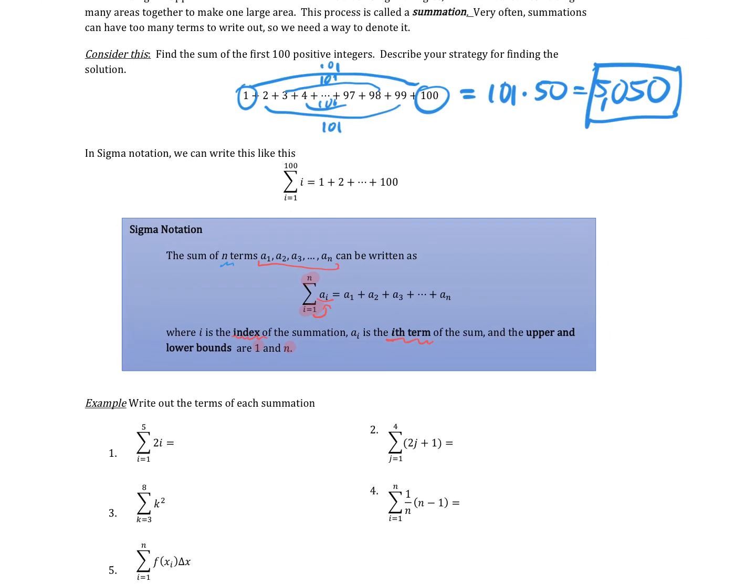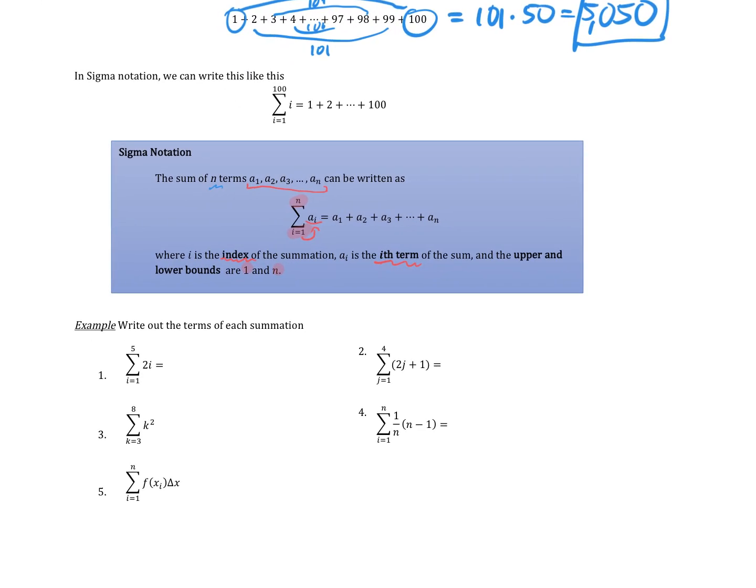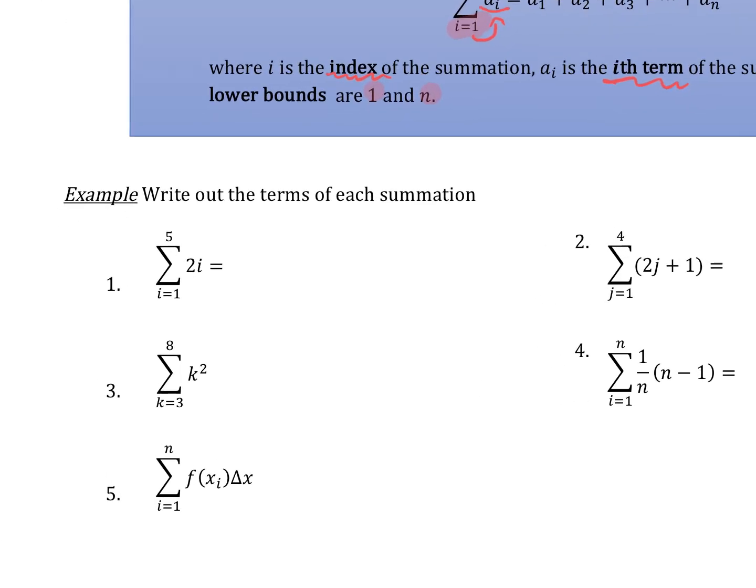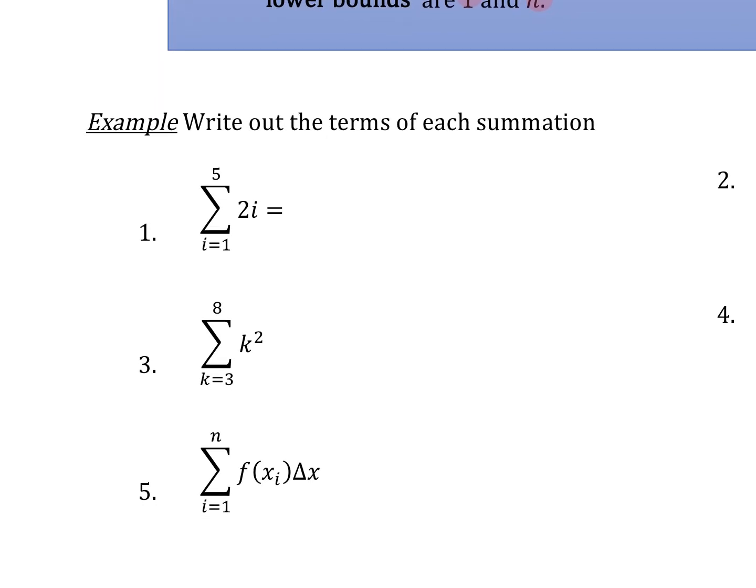So let's see how it works. Let's look at some specific examples, and let's write these out and find their sums. First we're going to plug in 1 here to get our first term, so we have 2 times 1. Then we'll plug in 2. Then we plug in 3 to get our third term. So we're always plugging these numbers into where there's an i. Then 2 times 4, and we're going to keep going until we hit 5.